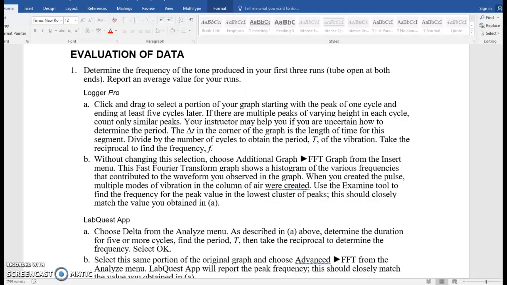All right, so what we have to do now is take our data, and so of course you're going to need to have some data, and we're going to switch over to that and take a look at what would be good to evaluate. So let me go find that.